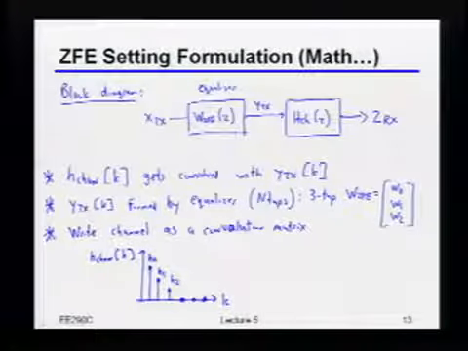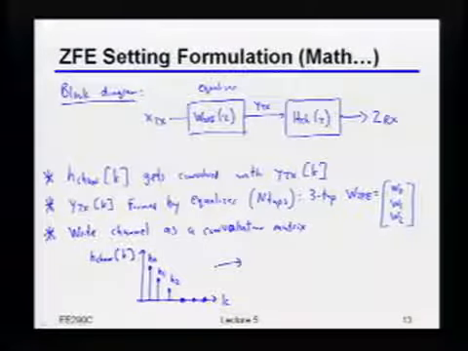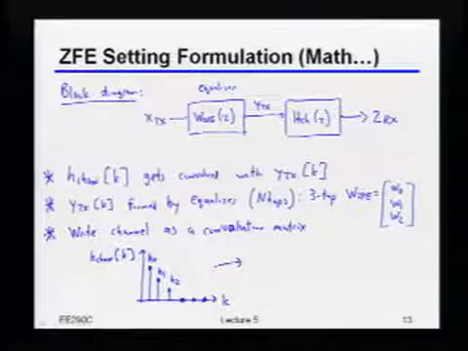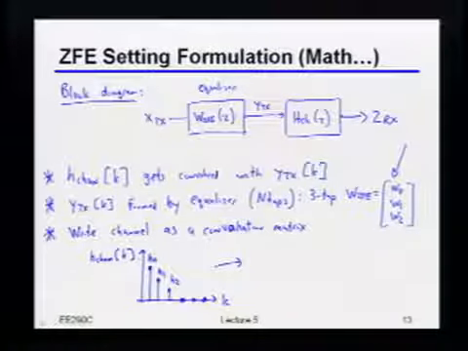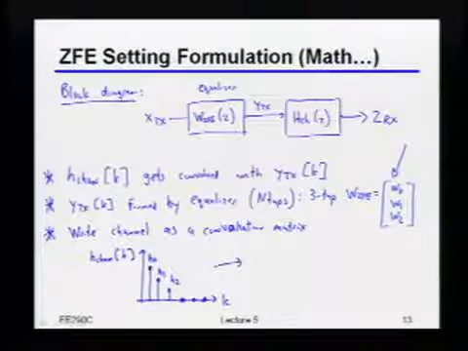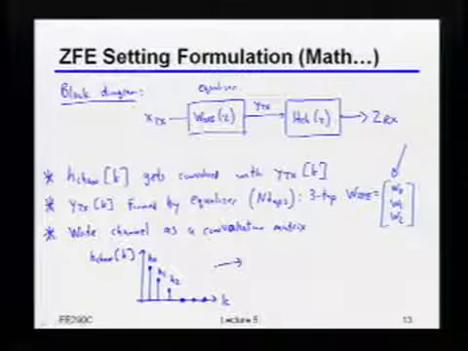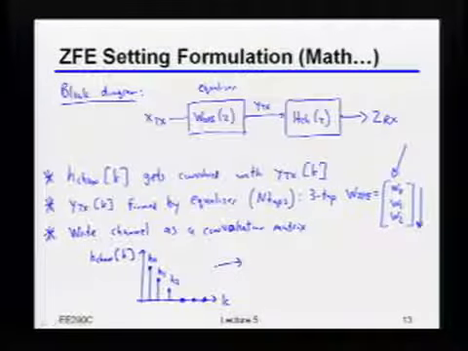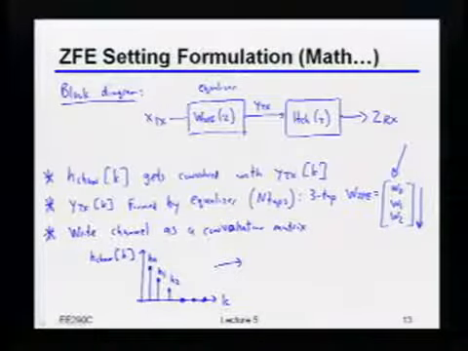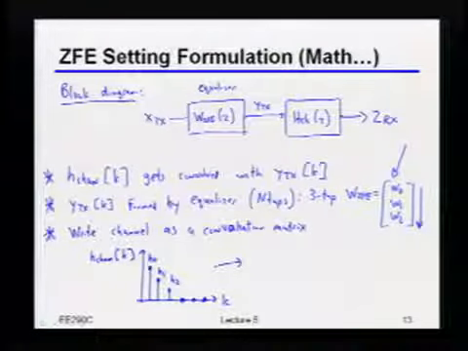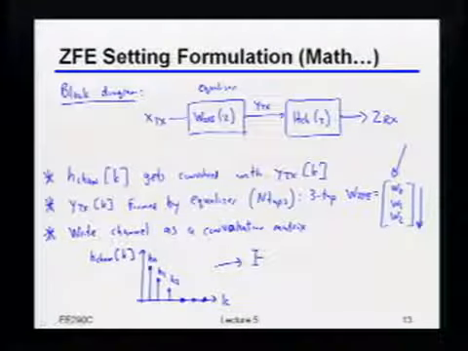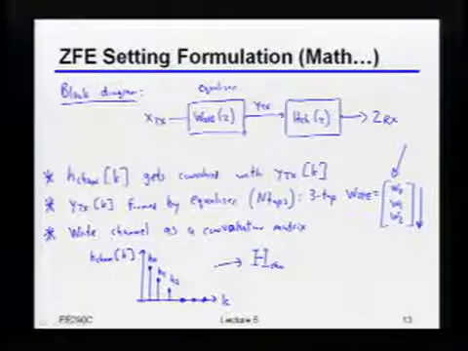Okay? So I'm going to use this to form a matrix that would tell me if I took this transmitted vector and passed it through the channel, what would the output look like versus time? Okay, so the way to think of this is that this dimension here is implicitly representing sample time. Okay? I'm just going to call this capital H channel.